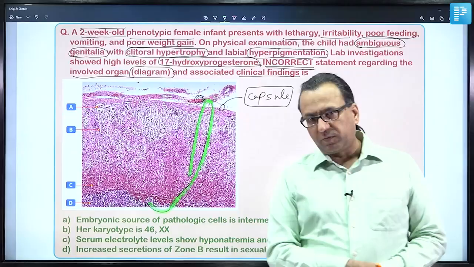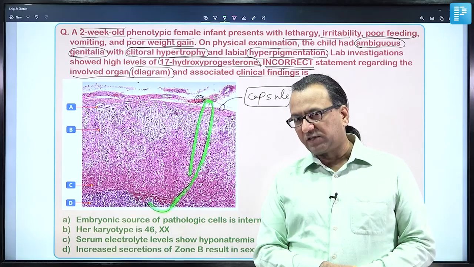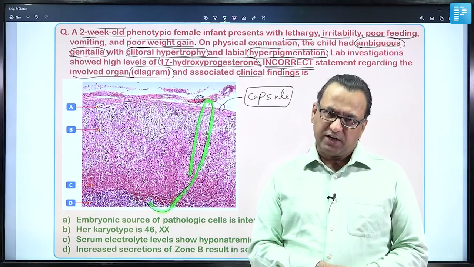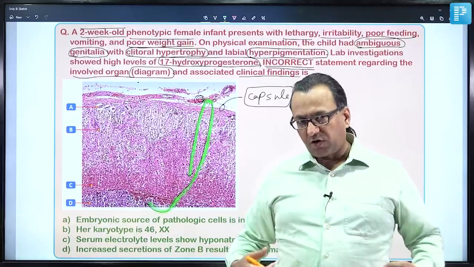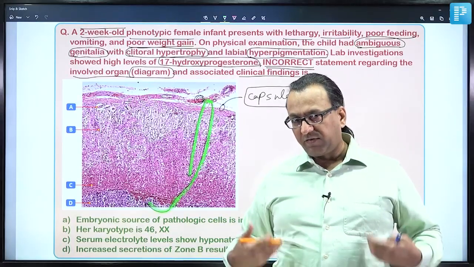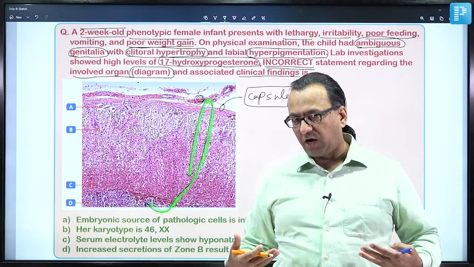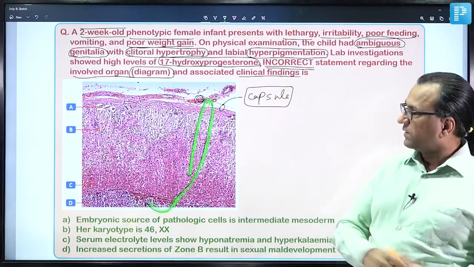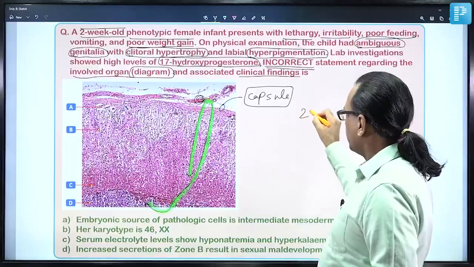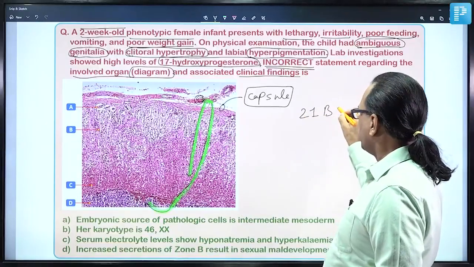See, it is an autosomal recessive disorder, some genetic mutations leading to deficiency of enzymes involved in production of some of the metabolic derivatives, basically steroid-based hormones. So which enzyme are we talking about? There could be several, but specifically 21-beta hydroxylase.